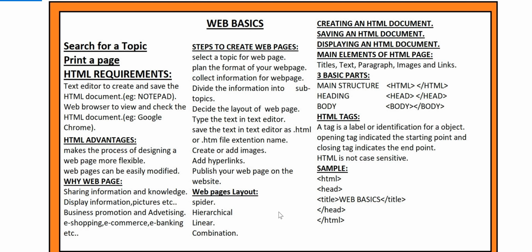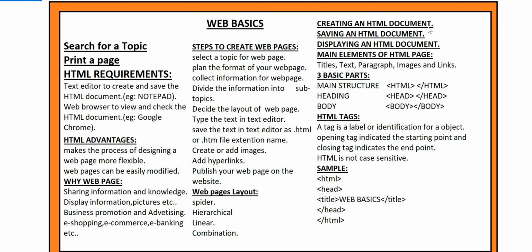We have different ways in which you can put the layout. One way is called the spider layout, the other one is hierarchical layout, the other one is the linear layout, and the fourth one is the combination of the layouts.